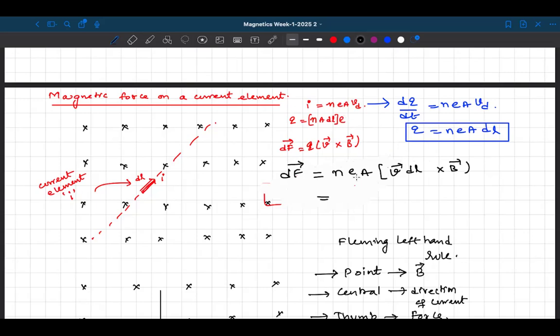Now you use NEAVD equals I. So you will get I dl bar cross B bar.